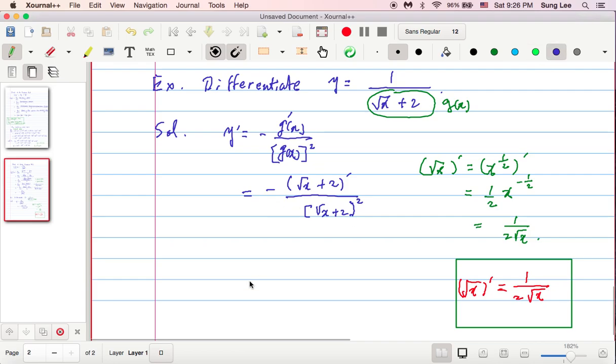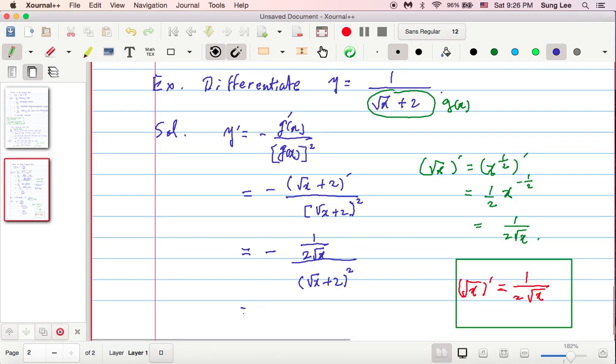Okay, so going back to our example. Here, the negative derivative of this is negative 2 times the square root of x over square root of x plus 2 squared. In fact, here you have a fraction inside the fraction, so multiply the numerator and denominator by the same number, 2 times the square root of x.